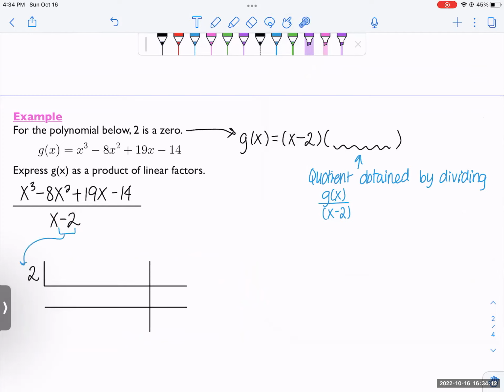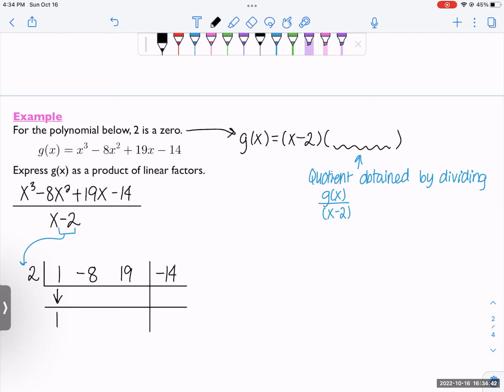We're able to do synthetic division here because the divisor is of the form x minus a number or x plus a number. I'm taking my coefficients, putting them in. If this looks very foreign to you, please go watch my video on the factor theorem, synthetic division and the remainder theorem. Also, complex numbers will be useful. Please go watch all previous videos.